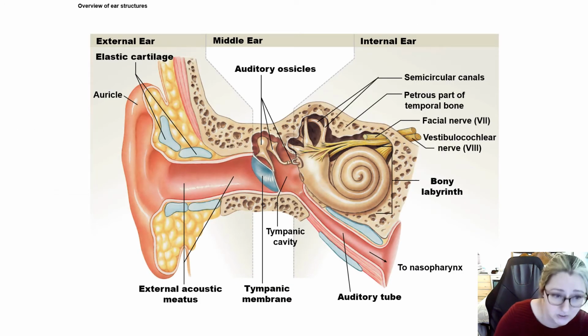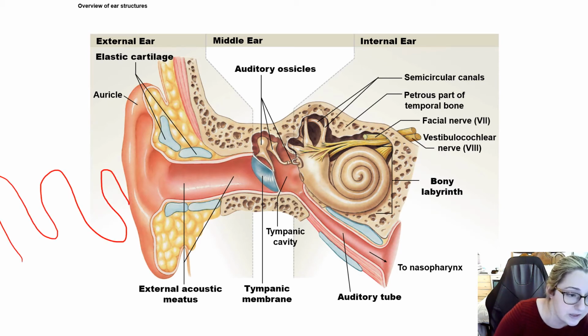So here, I just want to go over that again, super quick. You can kind of pass on this spot if you want to. Sound is going to travel into the pinna, also known as the auricle, but we'll call it the pinna. It is funneled in here. This is still a wave moving down the auditory canal. We hit the tympanic membrane. This is going to cause a vibration that goes through these auditory ossicles.